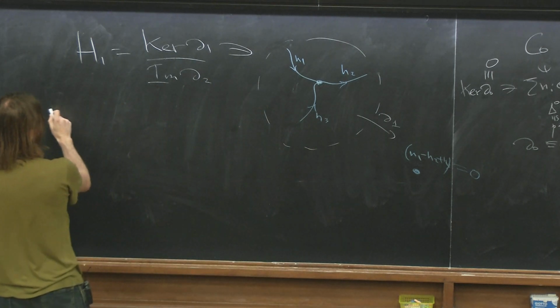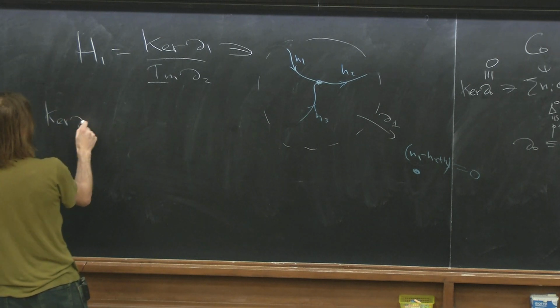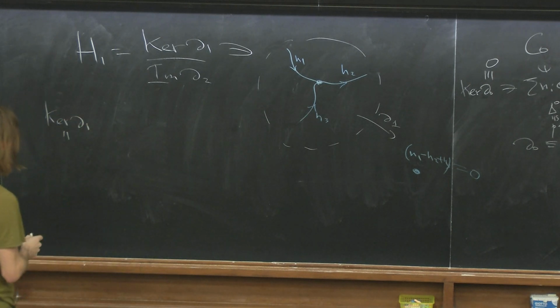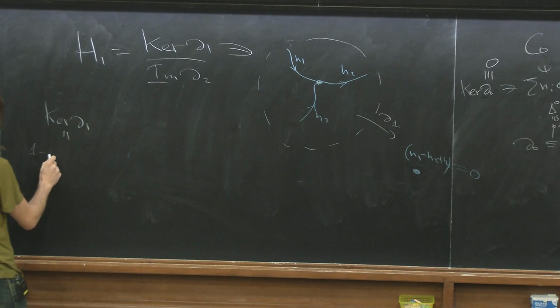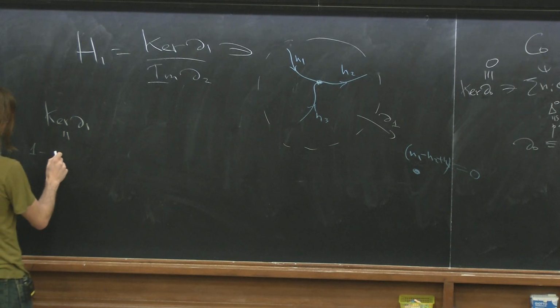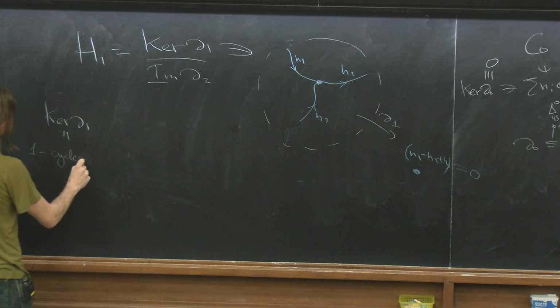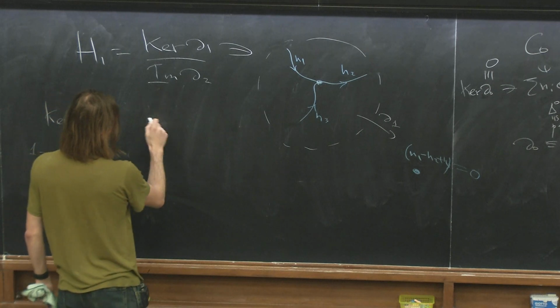So in general, you can understand this kernel of D1, which we call one cycles, as some sort of graphs.